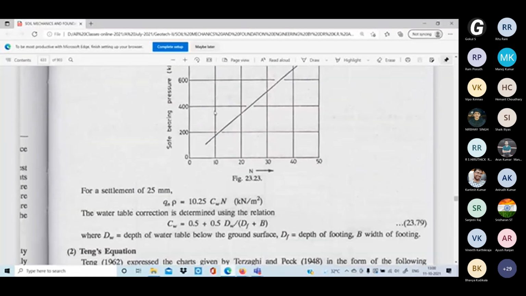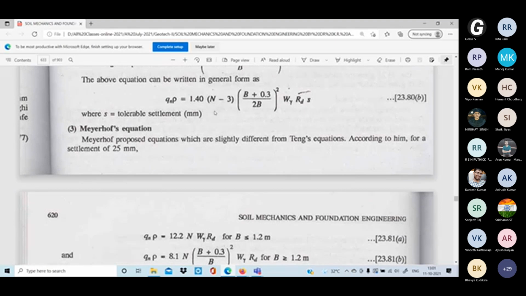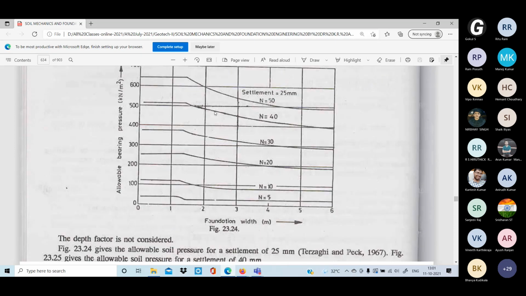Okay, soil pressure for cohesionless soil. So allowable pressure is based on this allowable settlement. Okay, so whichever is minimum, the ultimate bearing capacity or the allowable settlement, which is less, that we will take for our design.